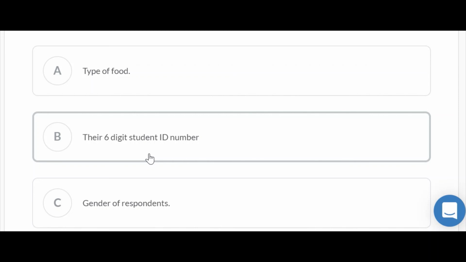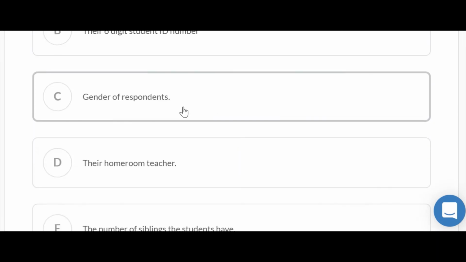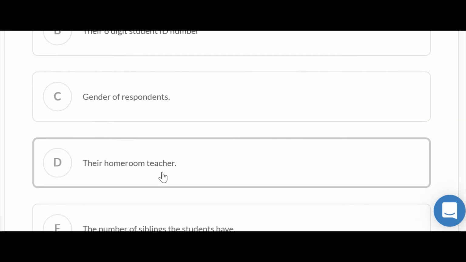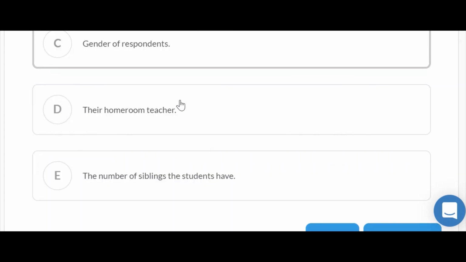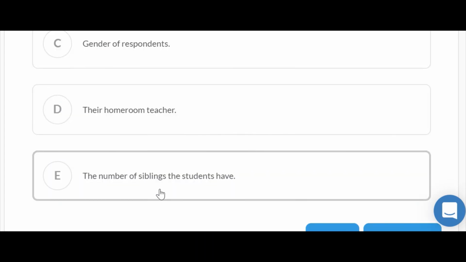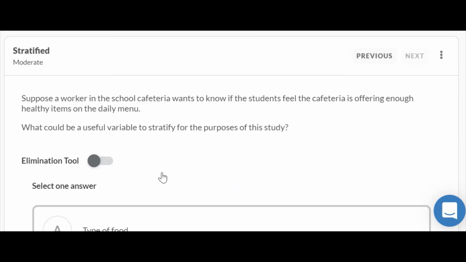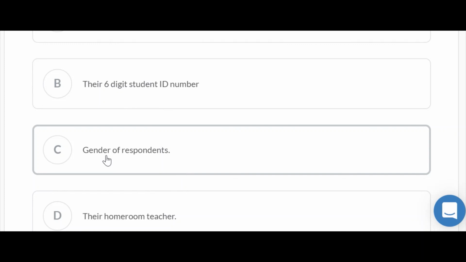Grouping people by ID number does not make them the same. Gender makes them the same. Homeroom teacher kind of makes them the same, but gender more so. And number of siblings has nothing to do with the question here. So I'm thinking it's probably gender.